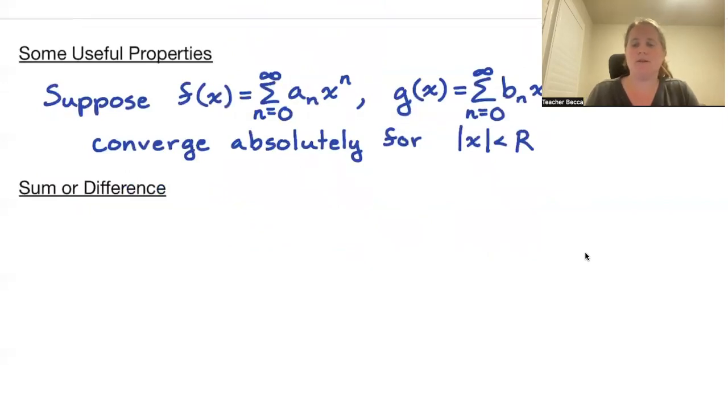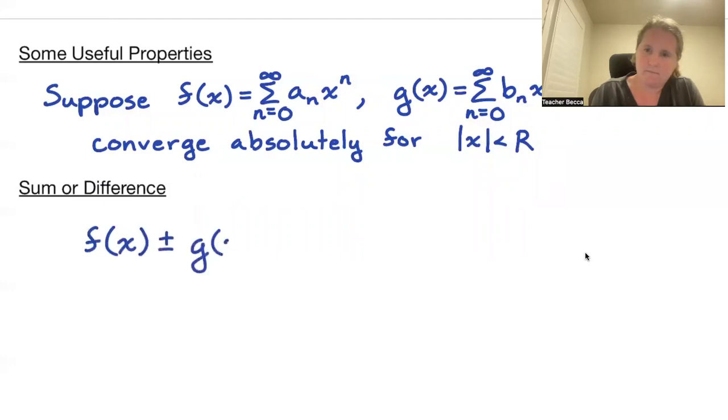So we have first our sum or difference rule. If we want to express the Maclaurin series for f of x, either plus or minus g of x, this is the same thing as just adding or subtracting term by term the Taylor series.